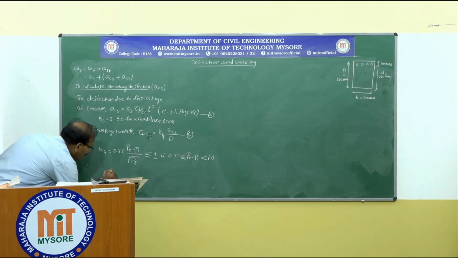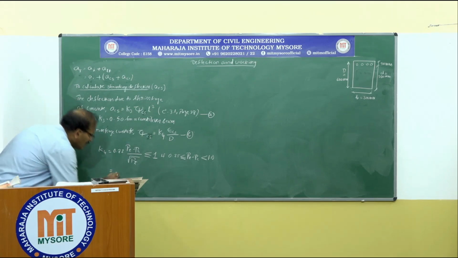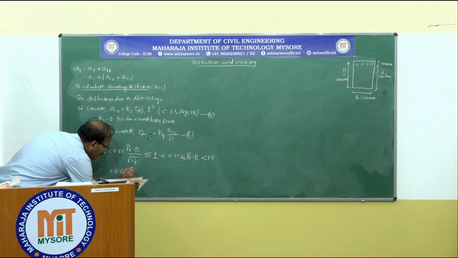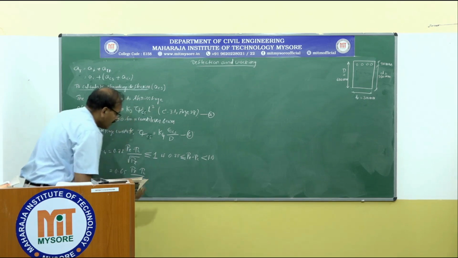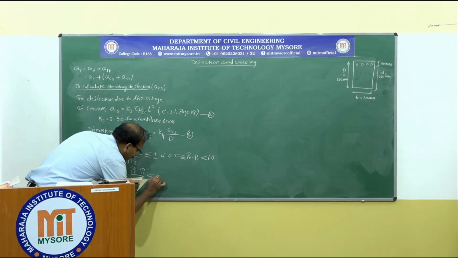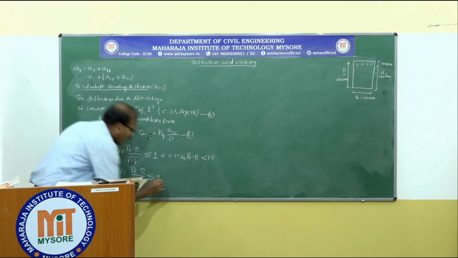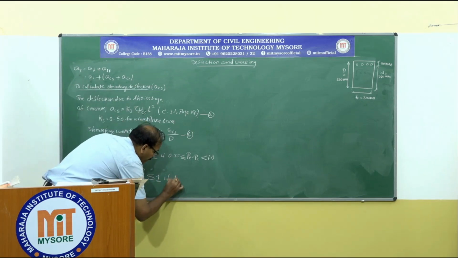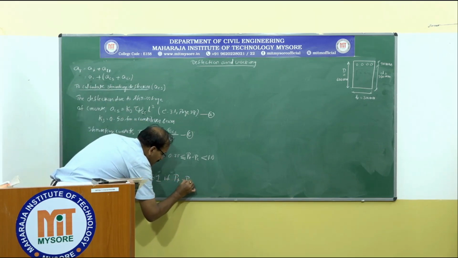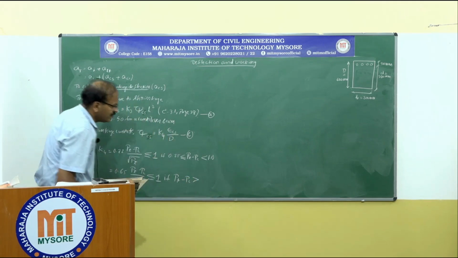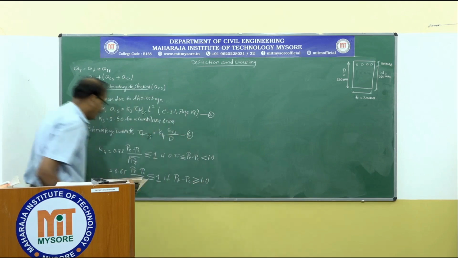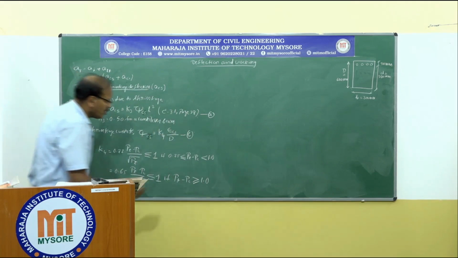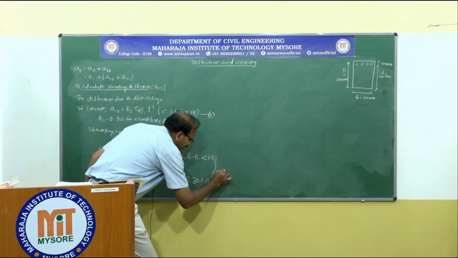And K4 equal to 0.65 times (PT minus PC) divided by square root of PT, and of course that value should be less than or at most equal to 1, if PT minus PC is greater than or equal to 1.0. I am going to call these two equations as equation C.